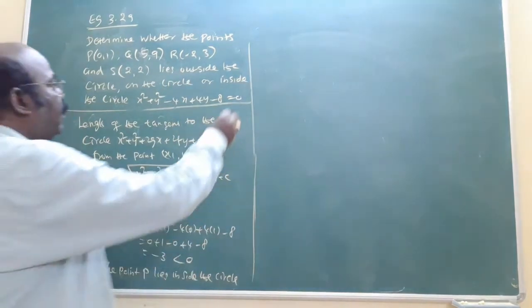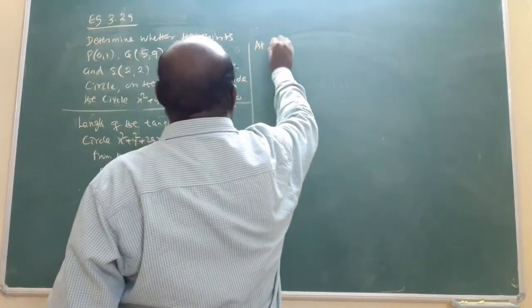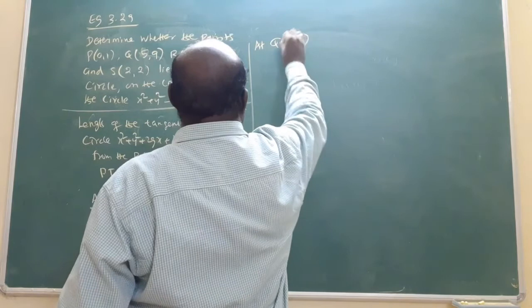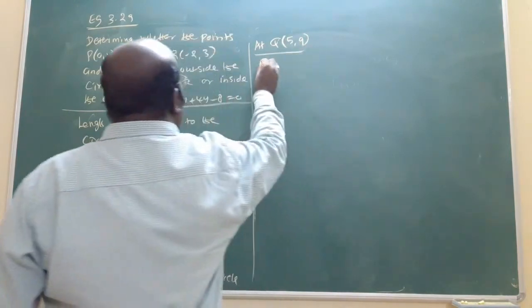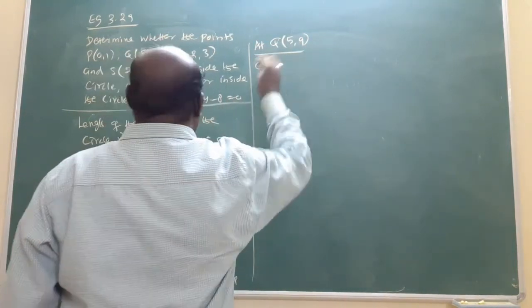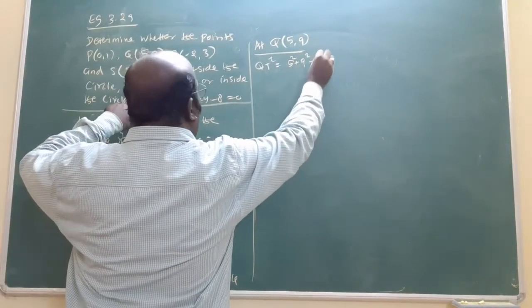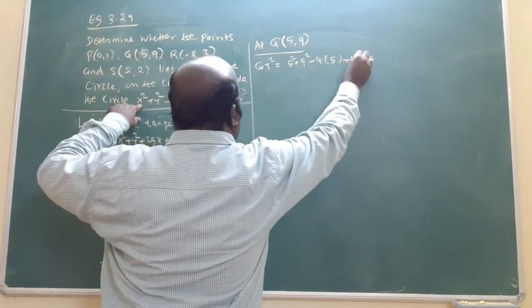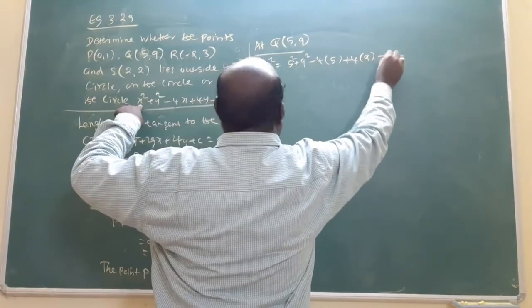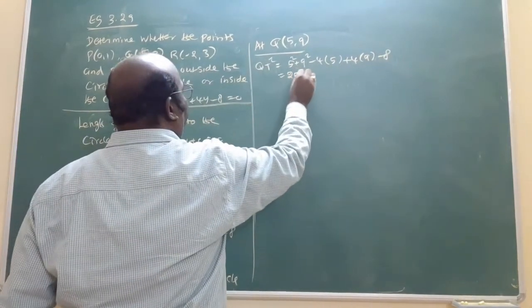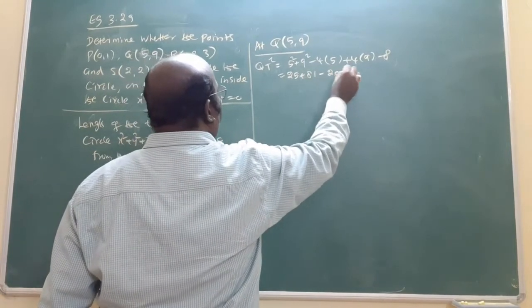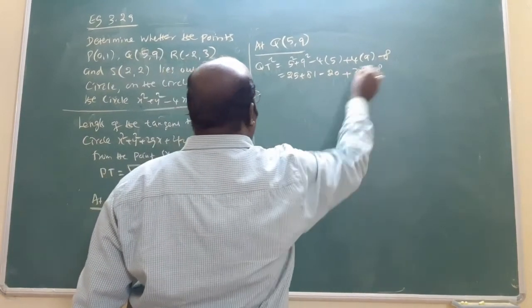Now the next point. Q of 5 comma 9 is the point. Now QT square equal to, again the same circle formula: 5 square plus 9 square minus 4 into 5 plus 4 into 9 minus 8. 25 plus 81 minus 20 plus 36 minus 8.